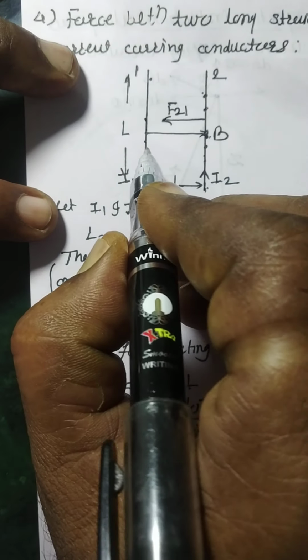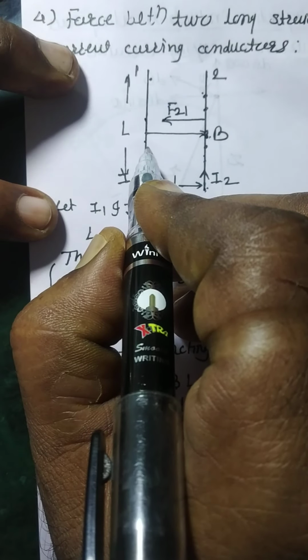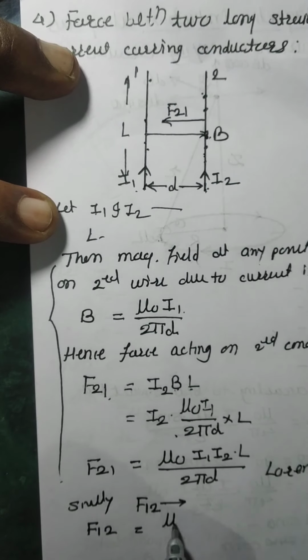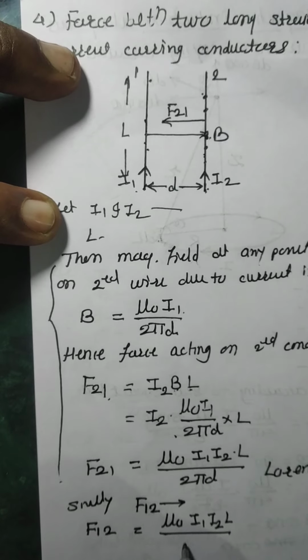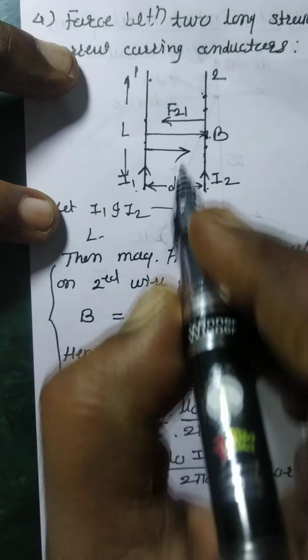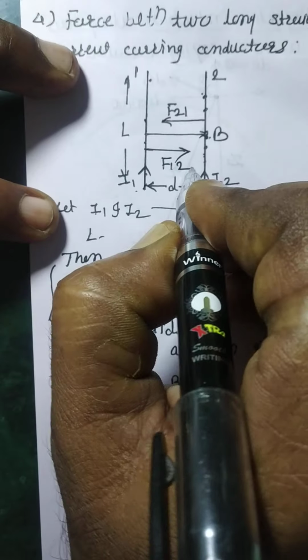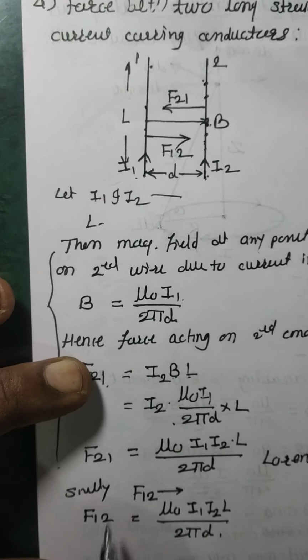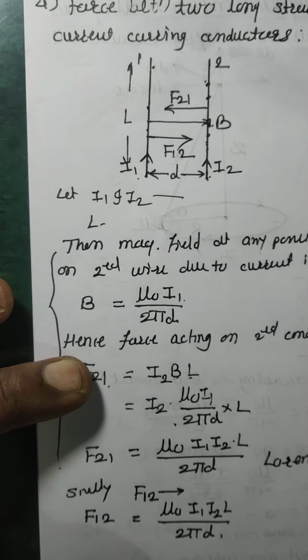Similarly, force on the first conductor due to current in the second conductor, F12, is equal to mu naught I1 I2 L divided by 2 pi d, and this force is directed towards the second conductor. Thus, from this equation, these two forces are equal in magnitude but opposite in direction.